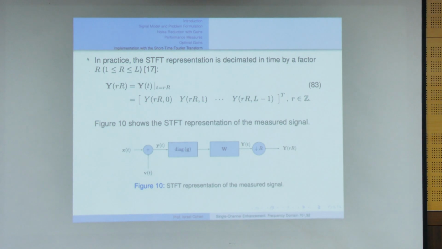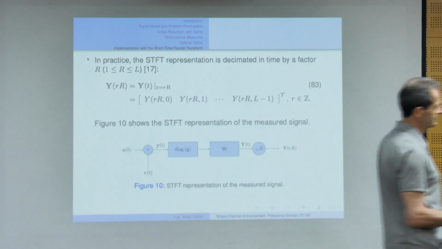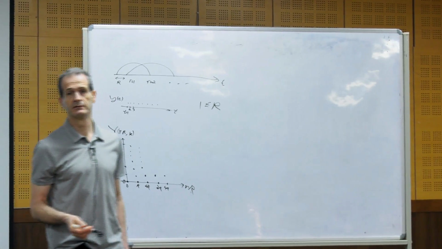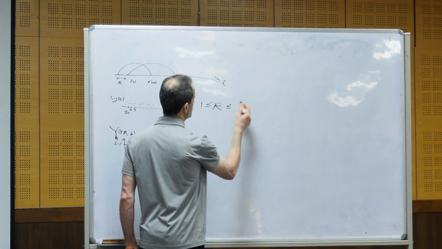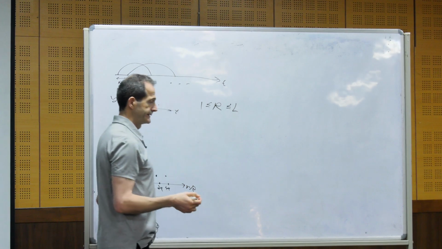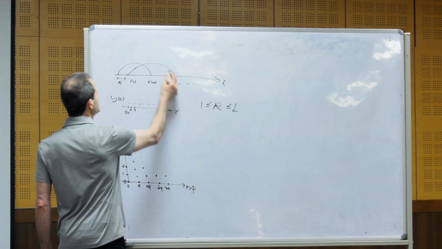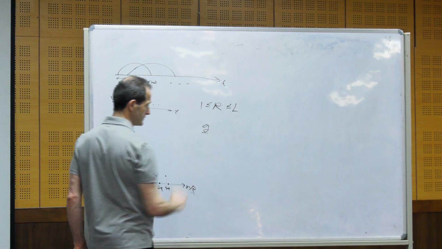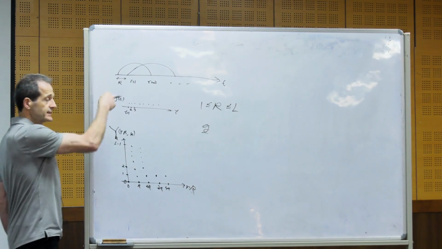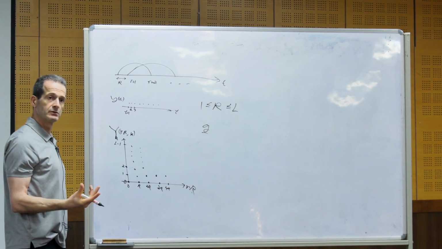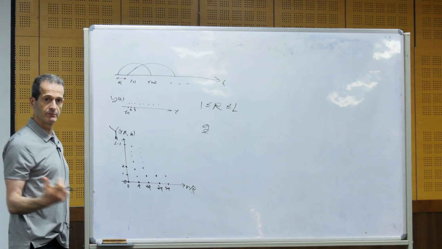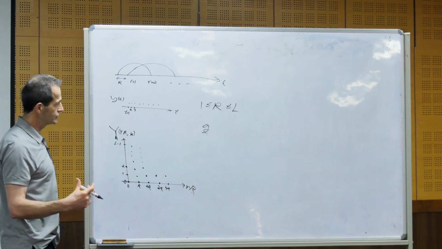So the jumps. Okay, and as I said, R can be 1, which is okay. And it has to be smaller than L. And if we choose a certain window G for the analysis, for the short-time Fourier transform, we will need to compute a synthesis window, which we will talk about with the inverse short-time Fourier transform.